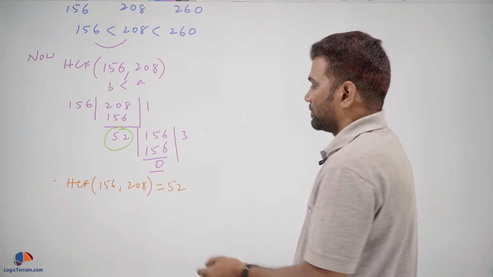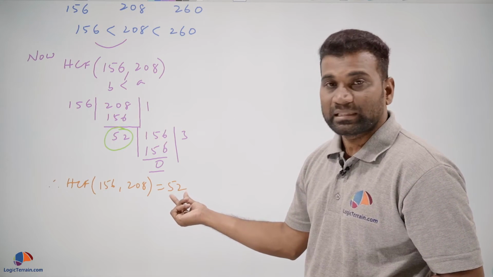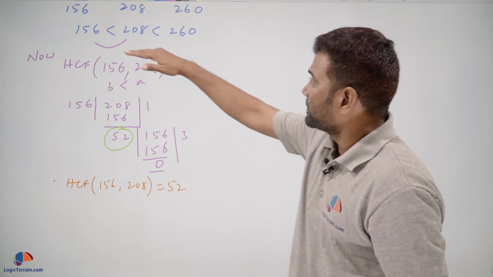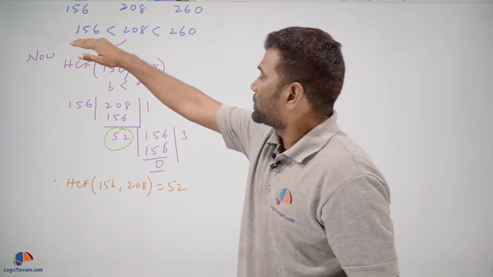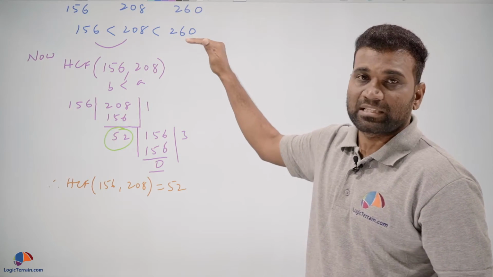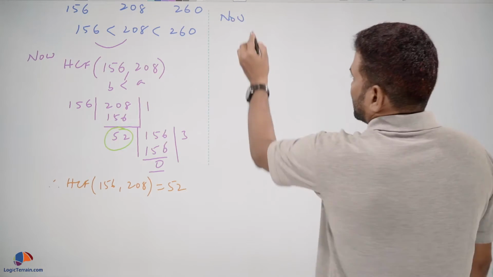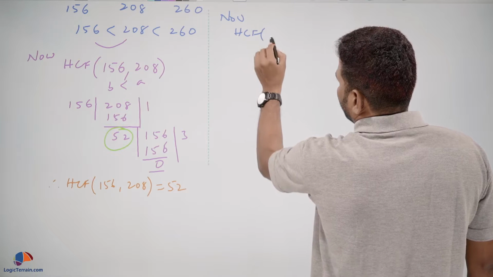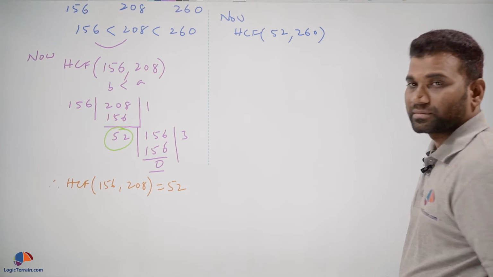Now we will find the HCF of the remaining number and this. Since we want the highest common factor of these three, we find the common factor for these two, and again the common factor for this as well. Now HCF of 52 and 260.